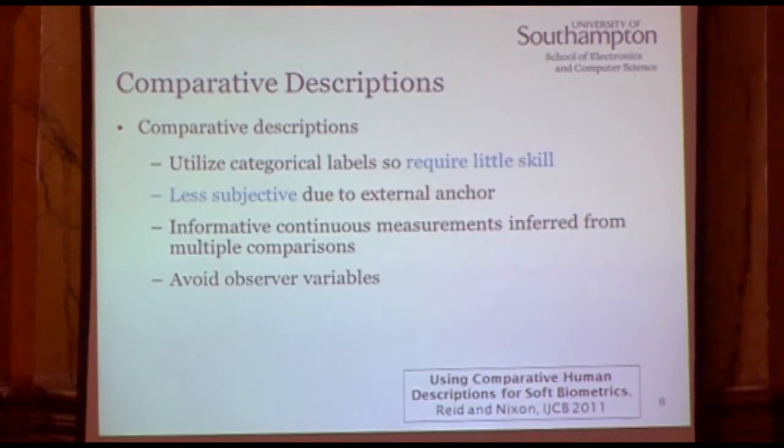So we're obtaining the accuracy of continuous estimations, but we're not requiring the huge skill level required to estimate them. It also takes into account observer variables. When you're given a description of someone, it's based very much on your own body and other psychological effects, which are reduced using comparative descriptions.